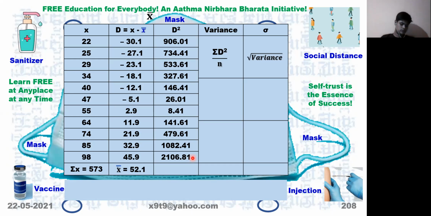Correct. Now add all of them and write at the bottom here as sigma d square.